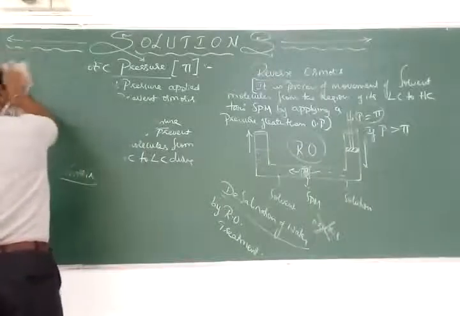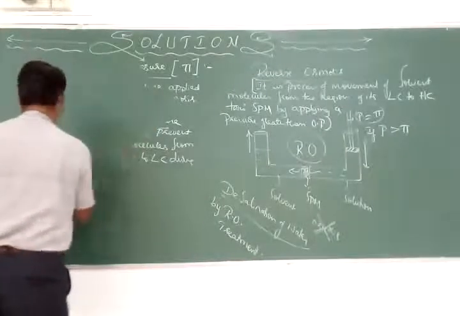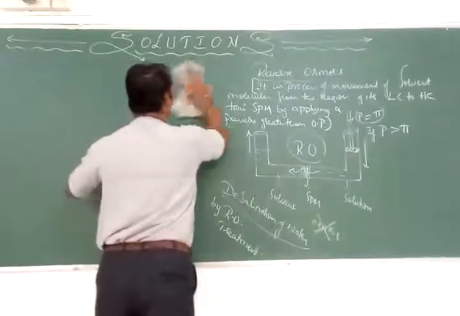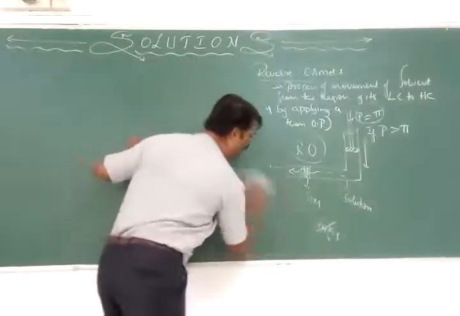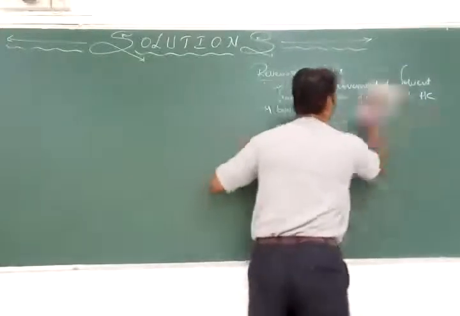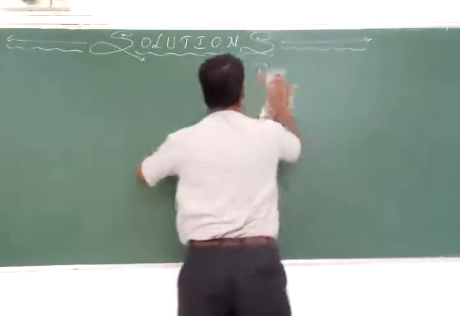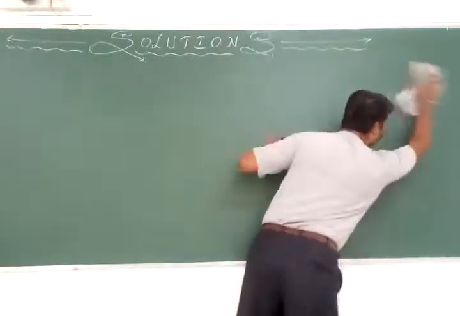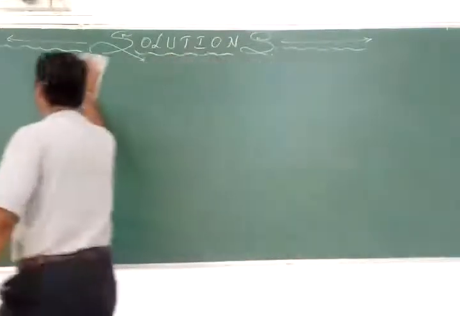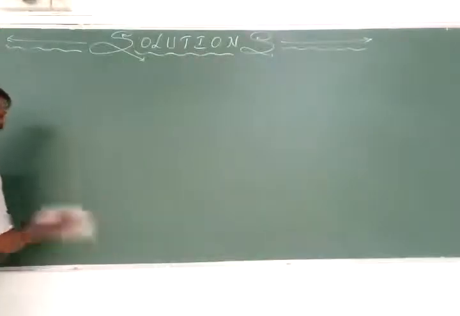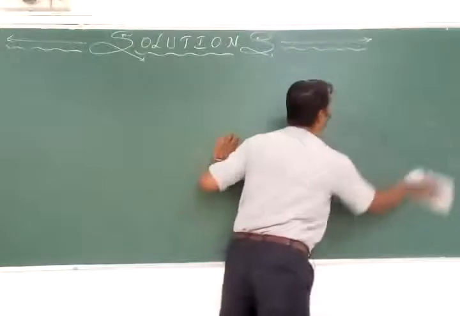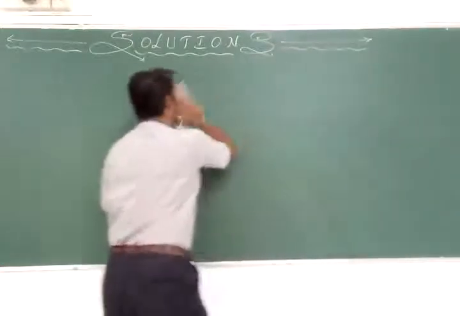Now we have to prove that it is an example for a colligative property. How to prove that it is an example for a colligative property? Before proving, we are concerned with the Van 't Hoff's theory of dilute solution.